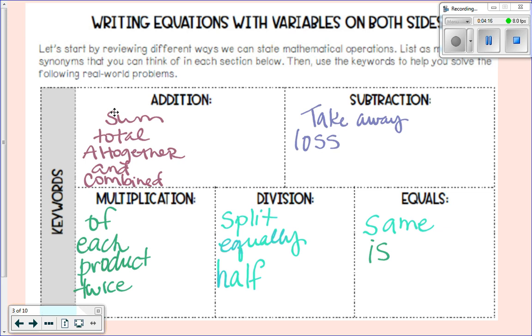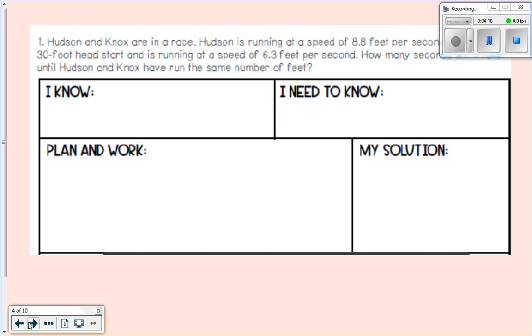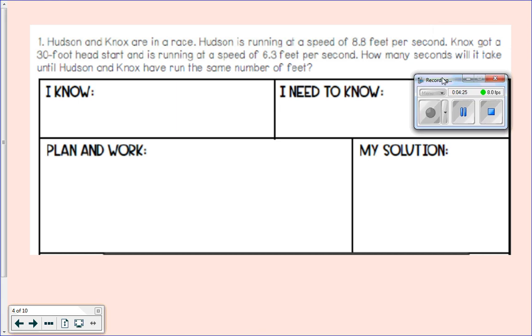All right, so let's look at some examples. So right below, we have Hudson and Knox in a race. Hudson is running at a speed of 8.8 feet per second. Knox got a 30-foot head start and is running at a speed of 6.3 feet per second. How many seconds will it take until Hudson and Knox have run the same number of feet?